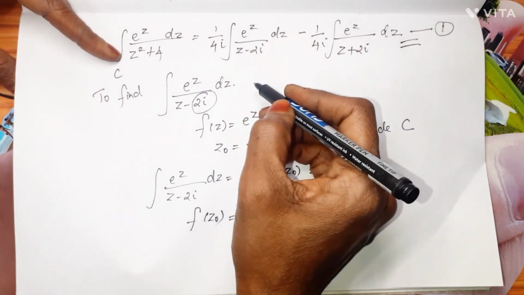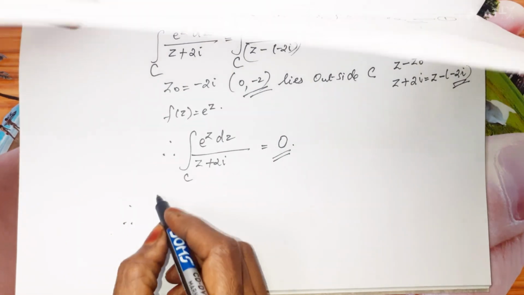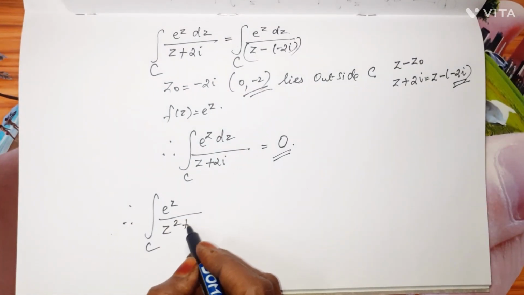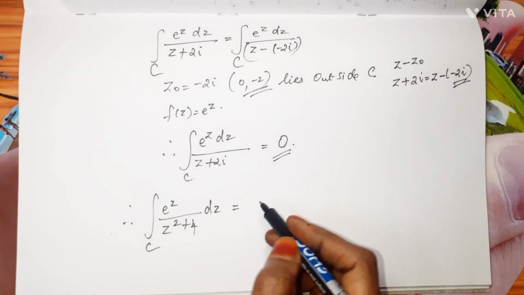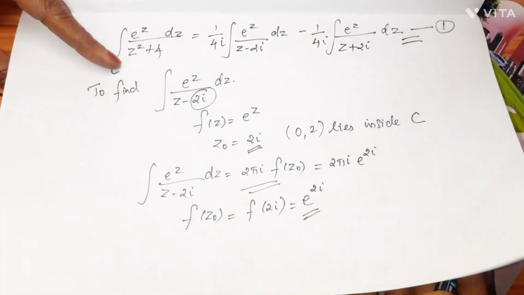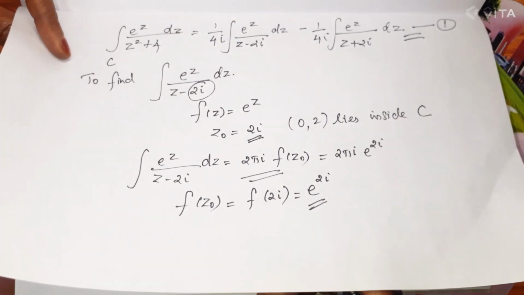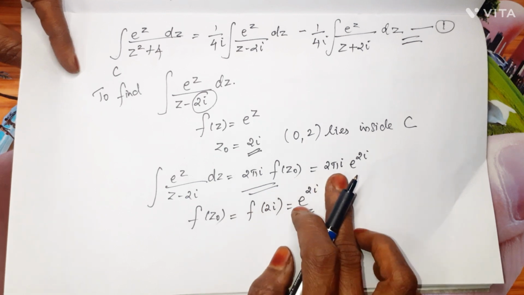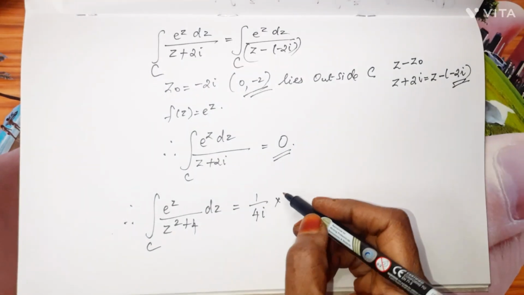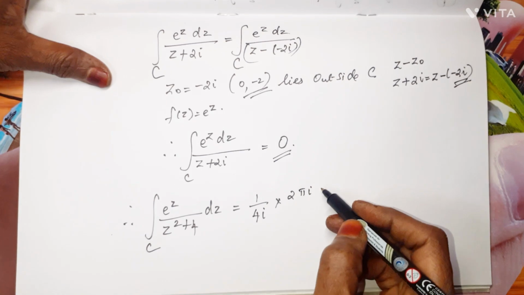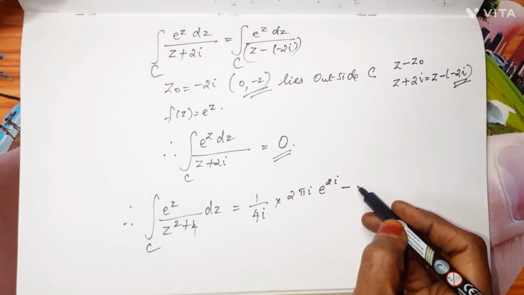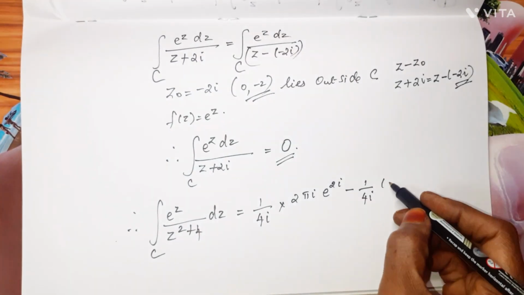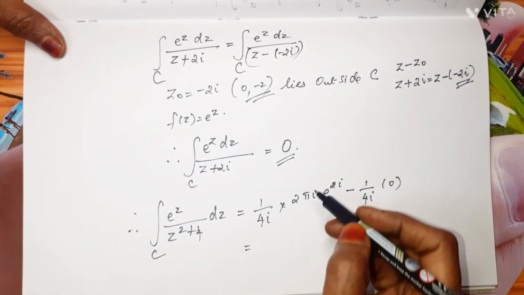Now we are going to substitute this value and the previous value which we got here in equation number 1. So the integral over C of e power z by z squared plus 4 dz is equal to, the first one is 1 by 4i into, the answer what we got here is 2 pi i into e power 2i, minus 1 by 4i into the integral value we got as 0.